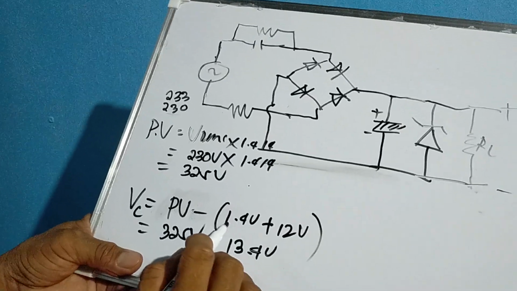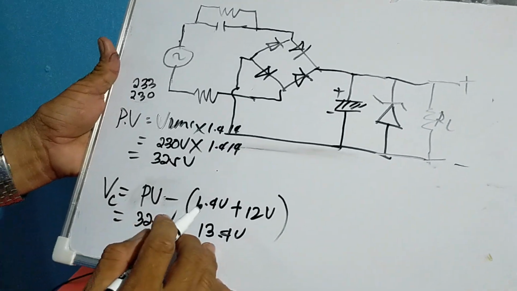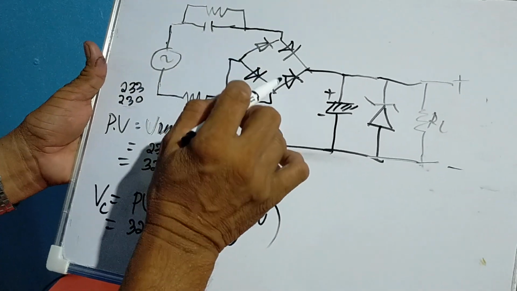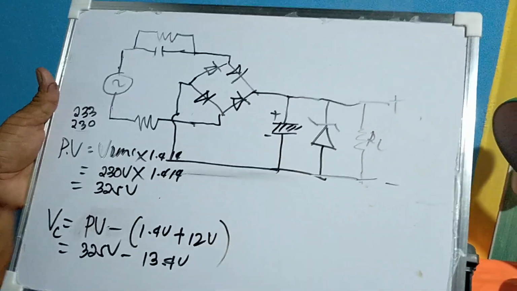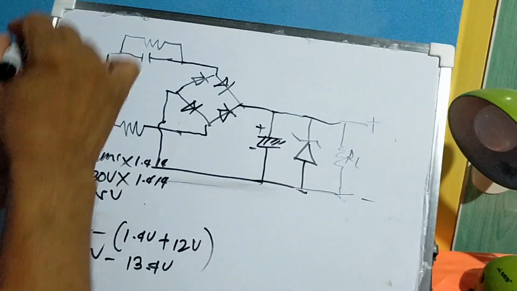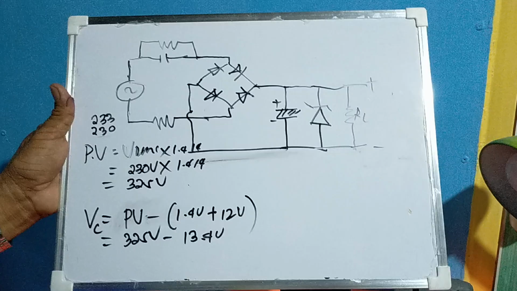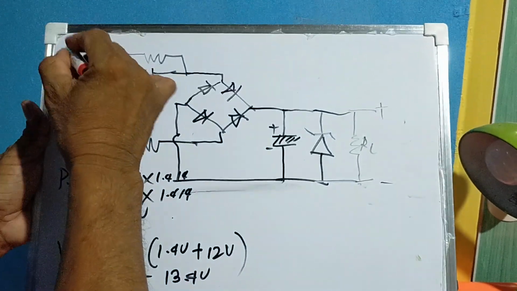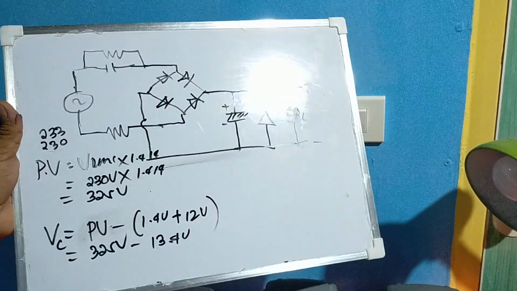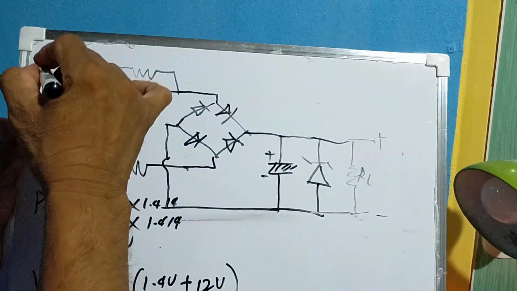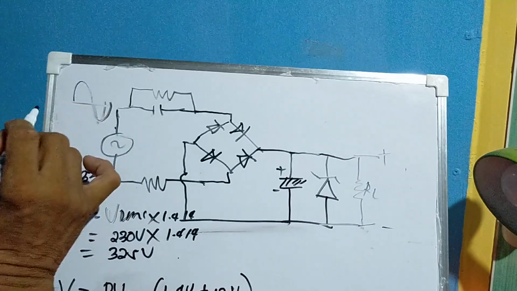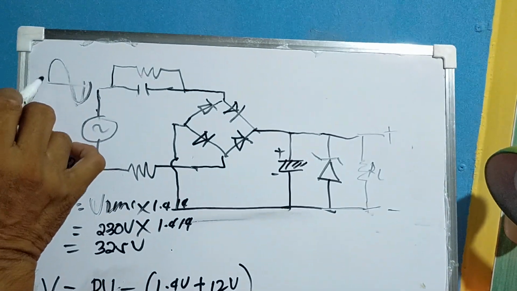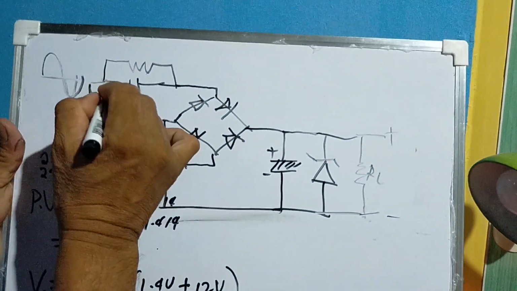Where did we get this 1.4 volts? Actually, that is the total voltage of the two diodes of this bridge configuration. So it goes like this, class. In the first half cycle, the polarity goes like this.